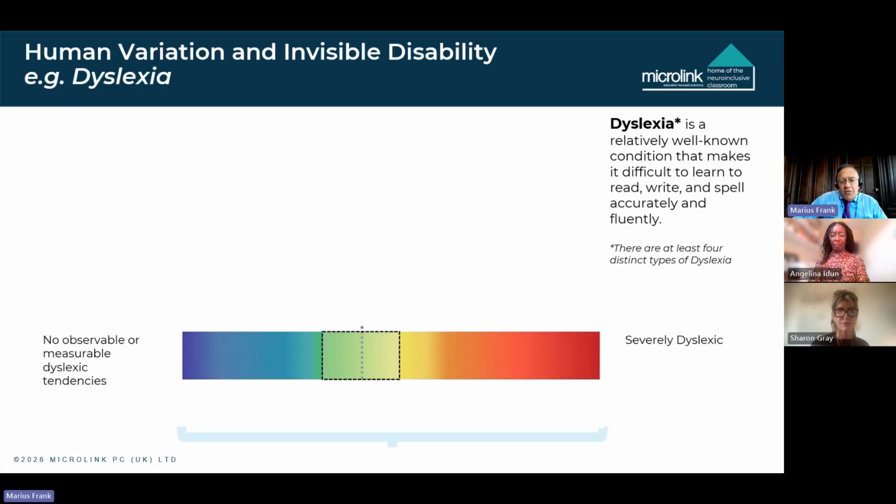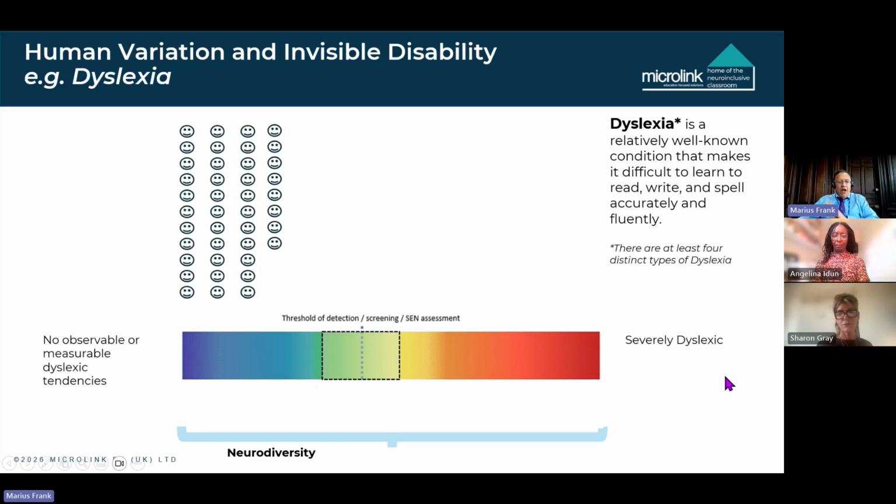Now, if we plot the human condition on that extreme range, all of that is encompassed by the word neurodiversity. That is neurodiversity writ large in terms of, if you like, dyslexia. Somewhere on that continuum, we can test or screen or assess for dyslexia. I've drawn a little box in the middle there, coming to that in a moment.